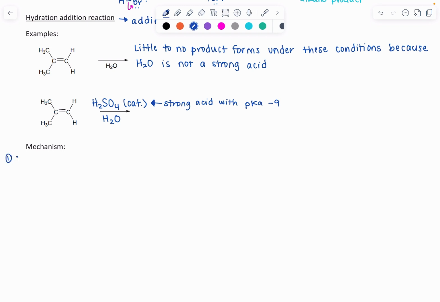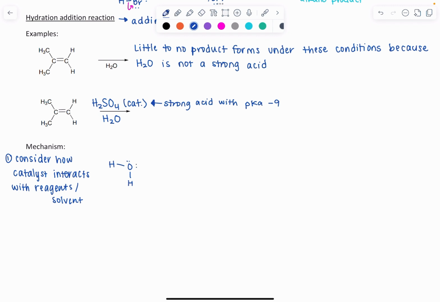So we'll say step 1, consider how the catalyst interacts with reagents / the solvent. Well, when we have water, drawing out the Lewis structure, and H2SO4, the structure is on your pKa table, but I'll draw it here.